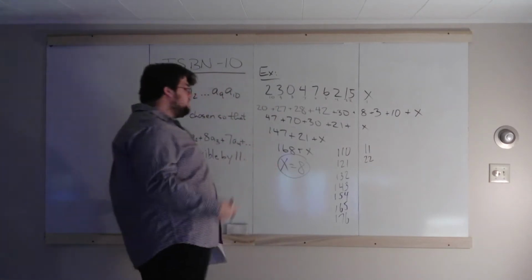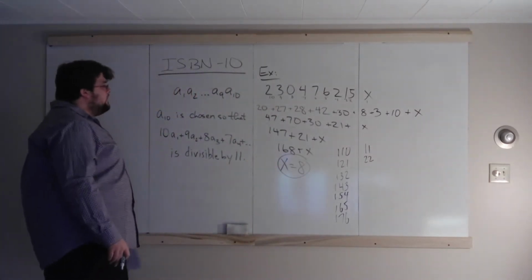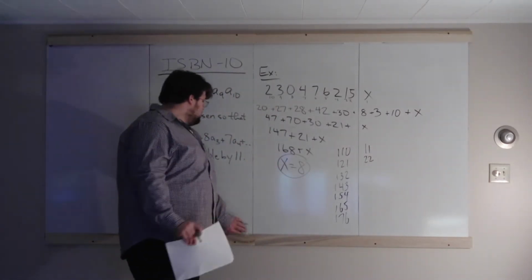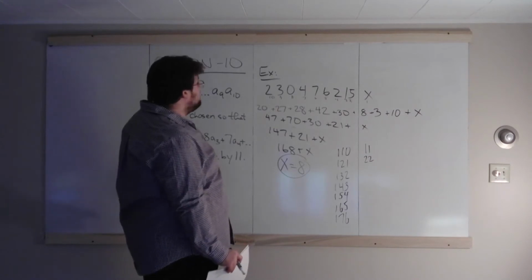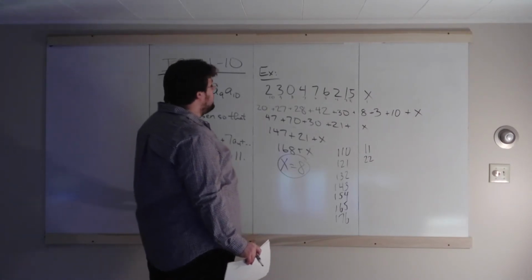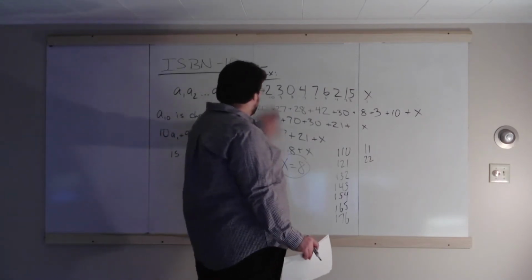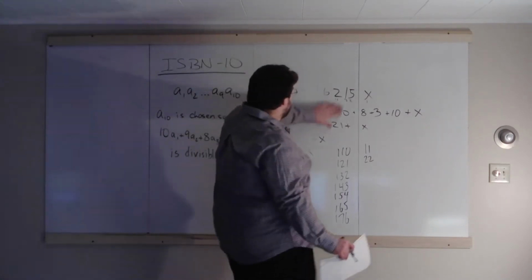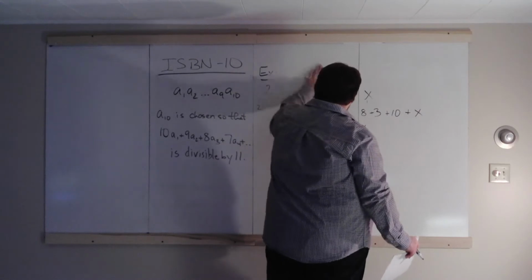X equals 8. So x equals 8 would give us what? A valid ISBN 10 number. Now, what if we had some other number?